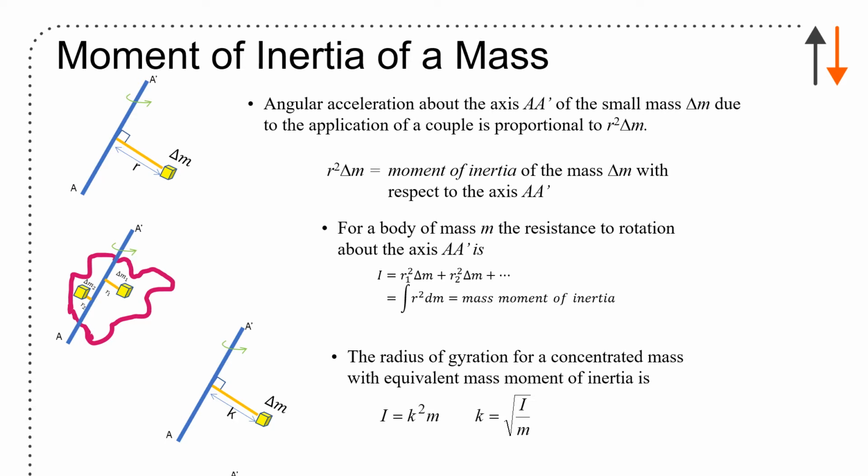And going back to the radius of gyration for the entire body, I can say I is equal to k squared m, where I pretend all of the mass of the body has been shifted to a disk or a shell, a uniform distance k from the axis.